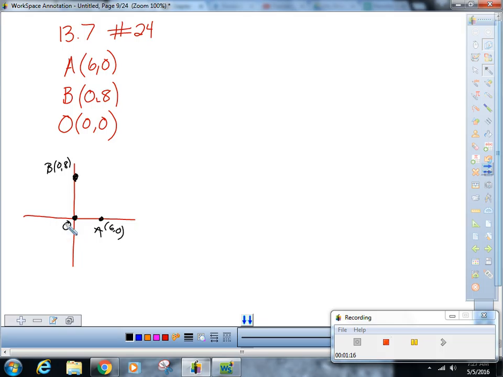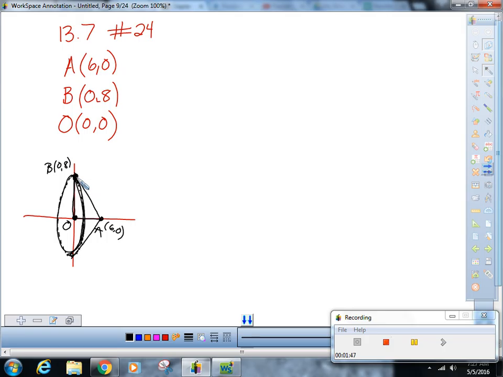So if we're rotating it around OA, here's our triangle, and we're rotating it around this line. It's going to look like that. Can you guys picture that? Now I'm going to color this in because that's what it would actually look like.